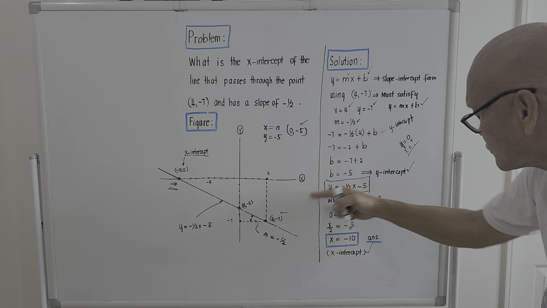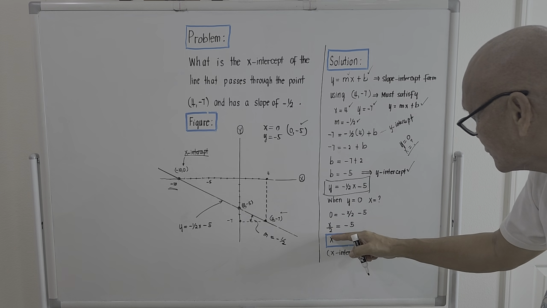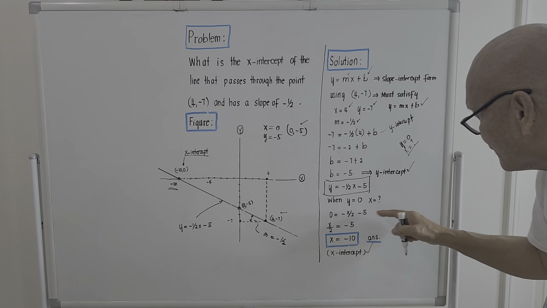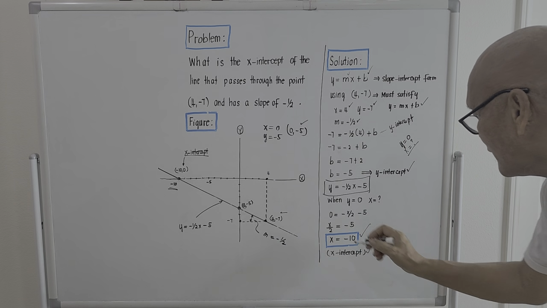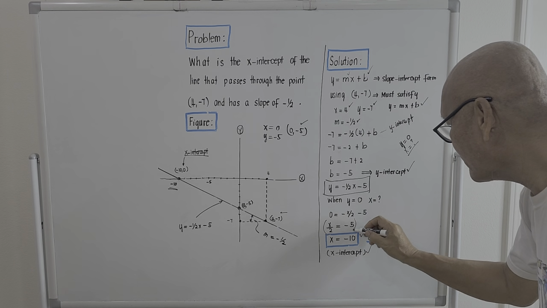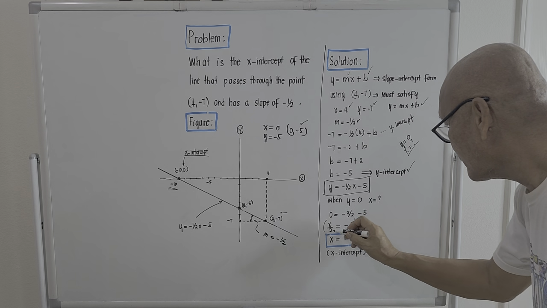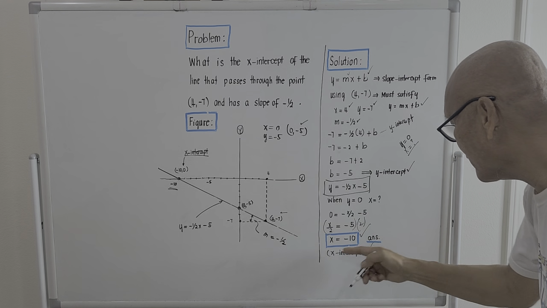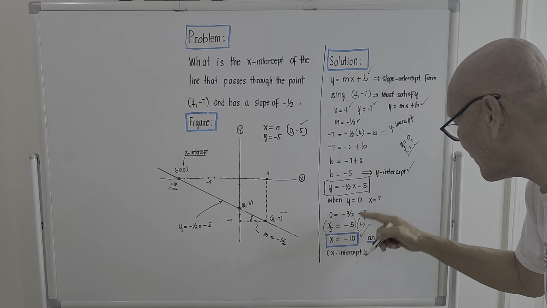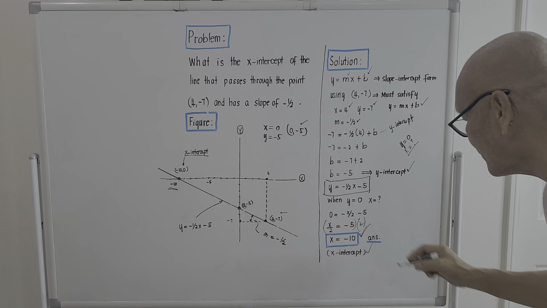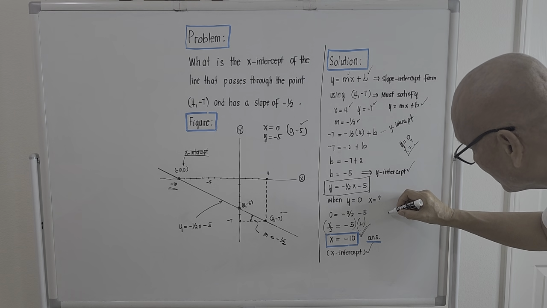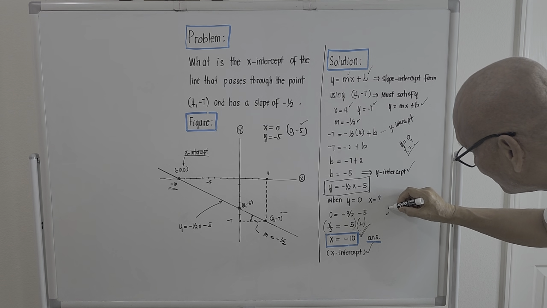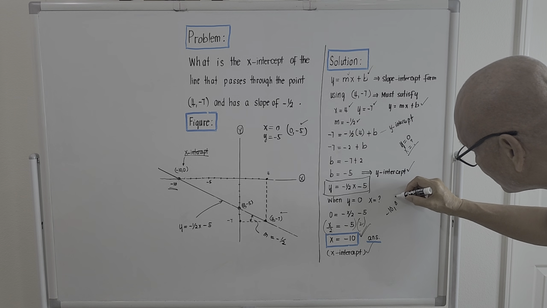We transpose this to the left, therefore x over 2 should be equal to negative 5. We multiply this by 2, so this cancels with this, and x will be negative 5 times 2, or negative 10. So the location of the x-intercept is at negative 10 and 0.